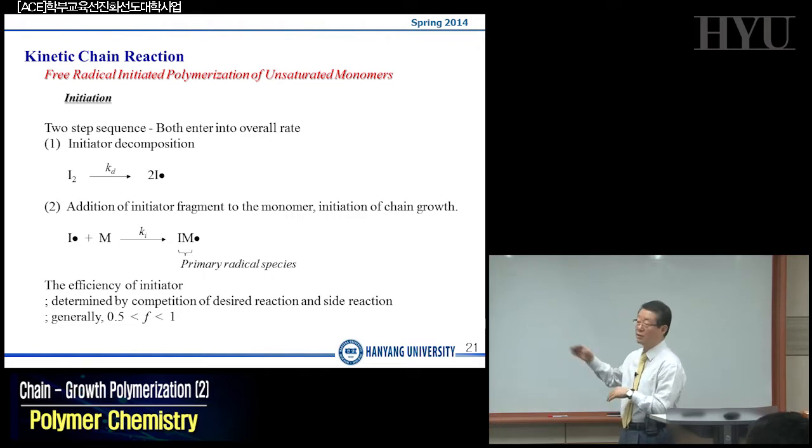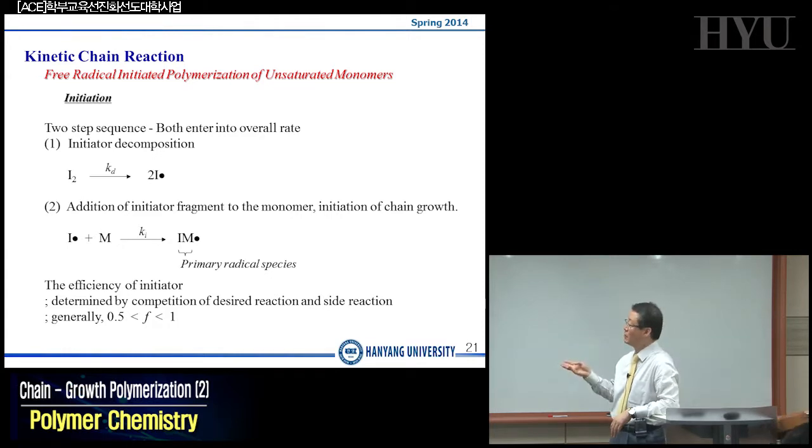Now, from now on, I think we will go over to the free radical polymerization reactions, and we will derive the rate equation, okay, because we are talking about the kinetic chain reactions. Kinetic chain always contains the radicals, or active species, to form the physical chain.